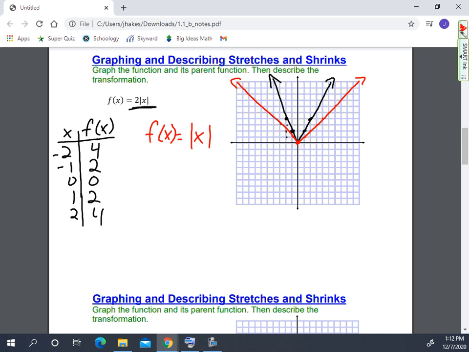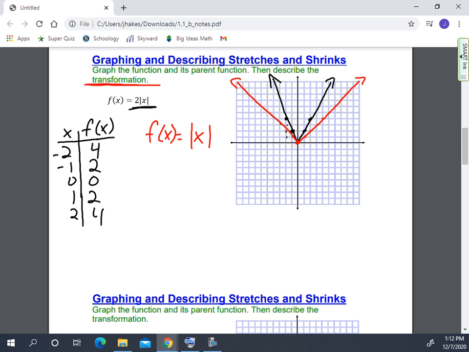Looking at our parent function and our function, we have to think, okay, what's the transformation? We have to describe the transformation. Well, it looks like it's getting skinnier.